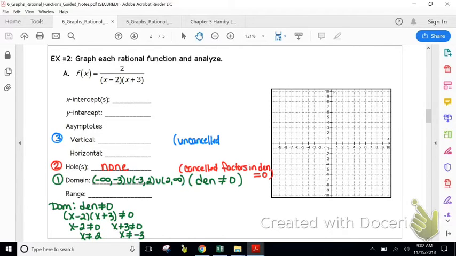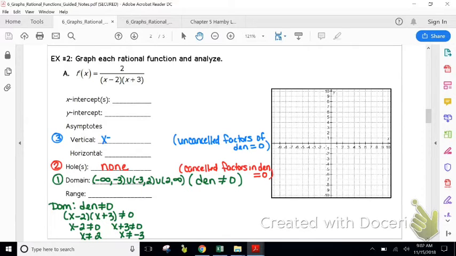All right, so your vertical asymptote is your uncanceled factors of the denominator. It's where they're equal to 0. So, do I have anything that doesn't cancel out in the denominator? Yes. Yeah, the x minus 2 doesn't cancel, and so we saw when we did domain, that gave us the 2, didn't it?